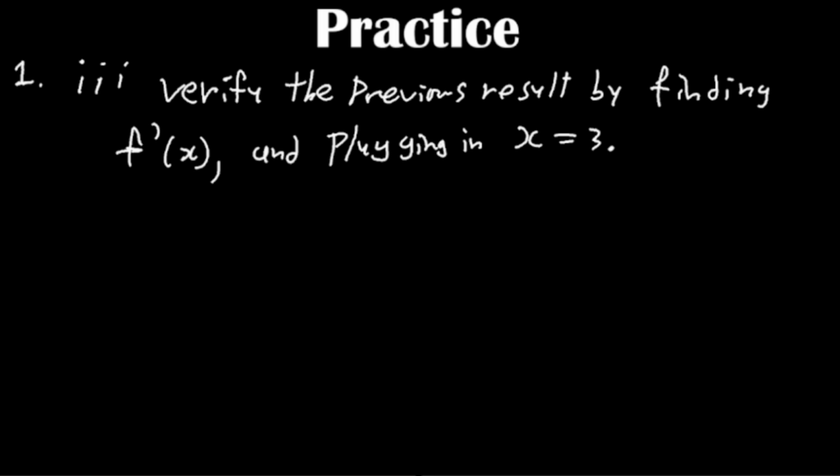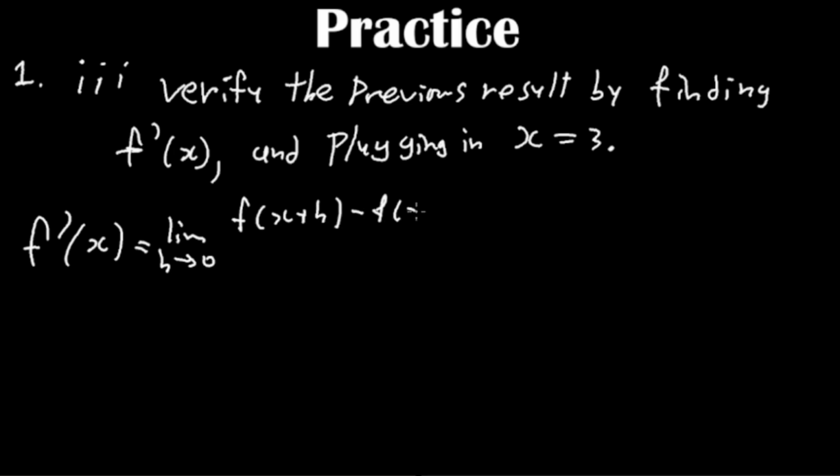All right, so now we're going to use the formula we use for the derivative function, which is just the bottom right up here. Just so you can remember, f prime of x is equal to the limit as h goes to 0 of f of x plus h minus f of x over h. So we're going to find that, and then we're going to plug in x equals 3 just to verify, right? Just double check.